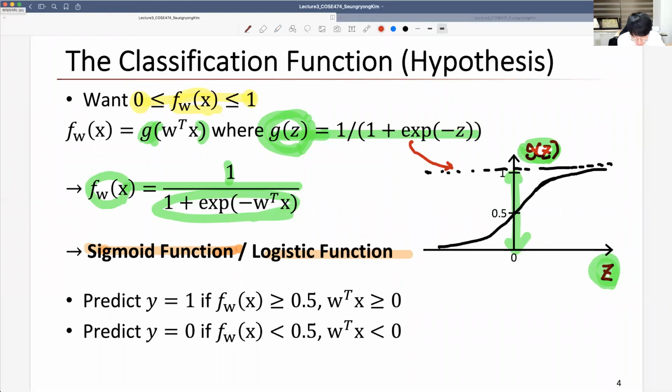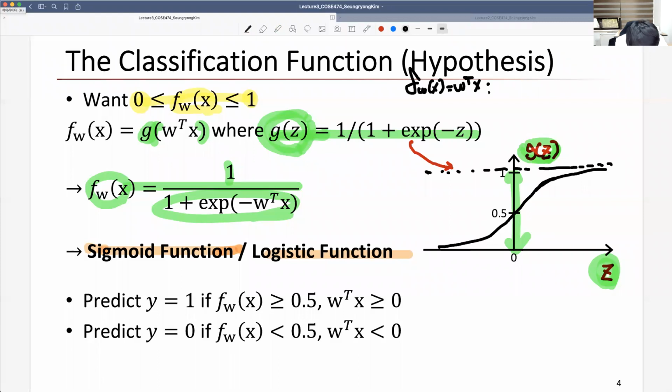Okay, let's compare the mapping function in the regression problem and this classification problem. If you remember the regression problem, the mapping function looks like that. f_w(x) was w transpose x, right?